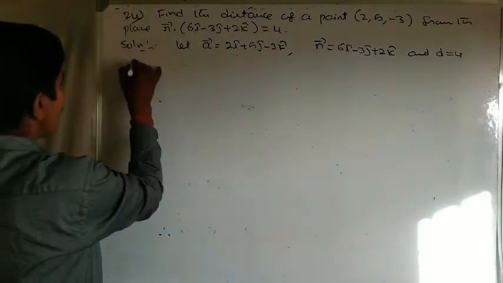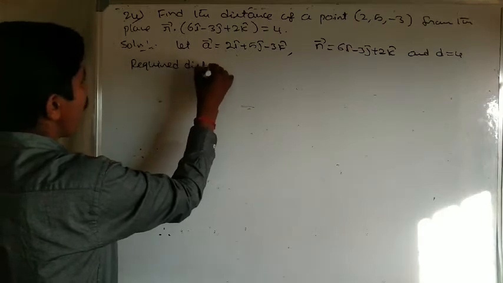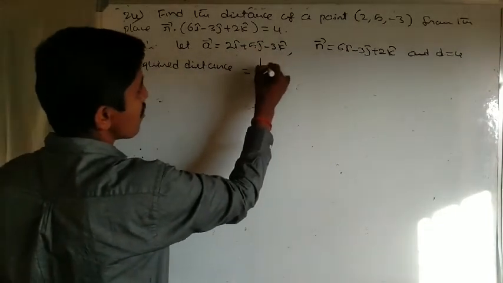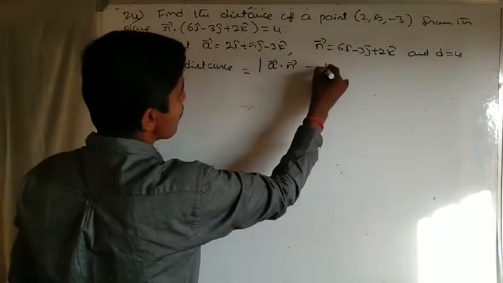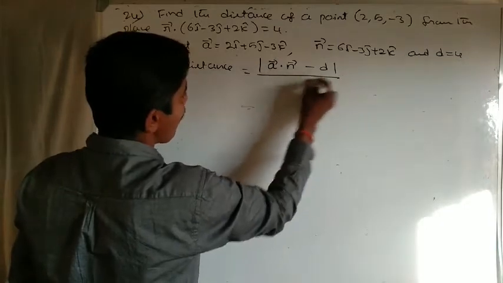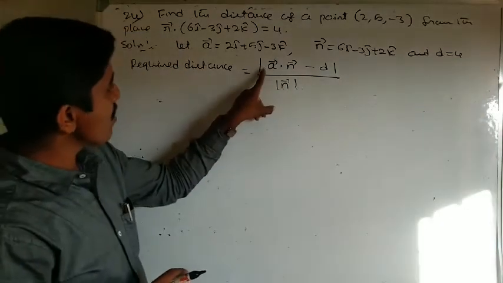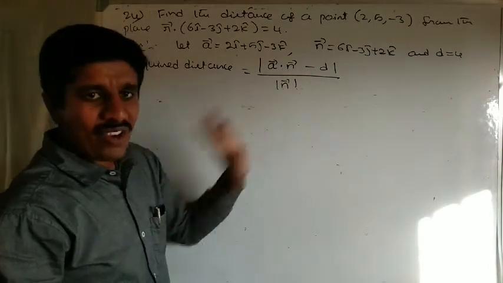Formula we know: the required distance of a point from the plane is equal to modulus of vector A dot vector n minus d divided by magnitude of vector n.